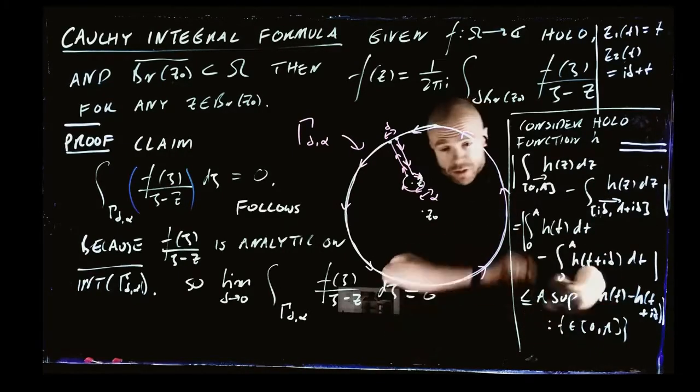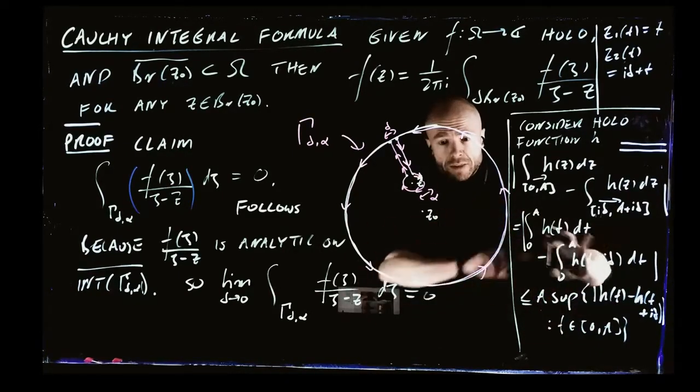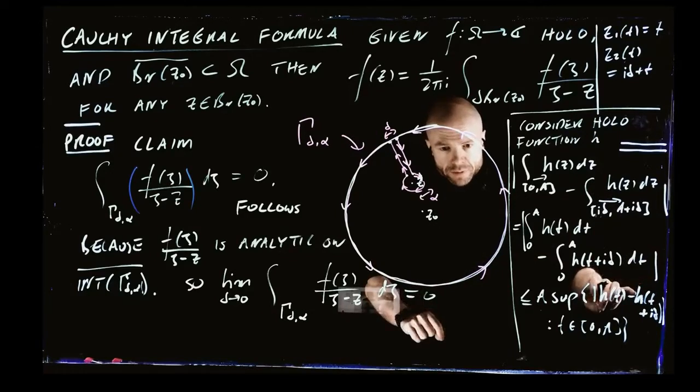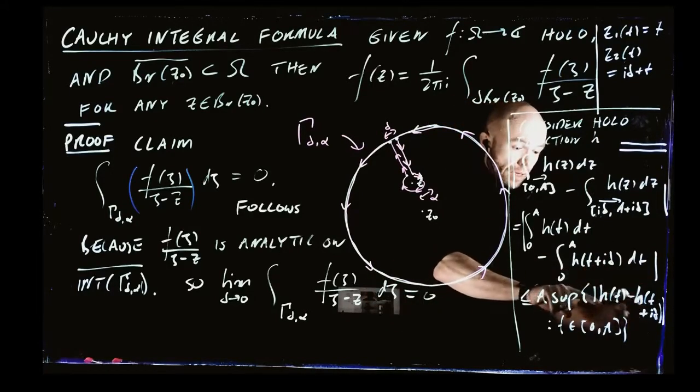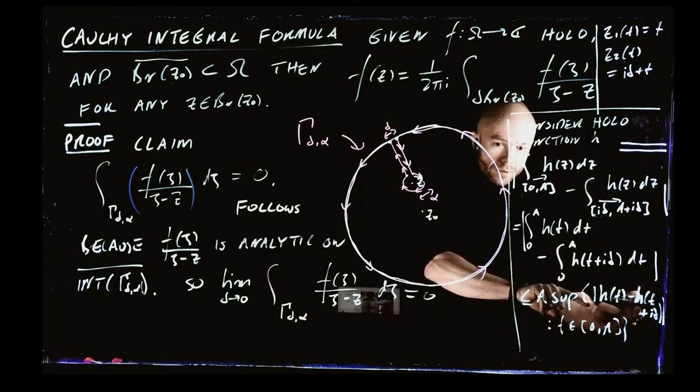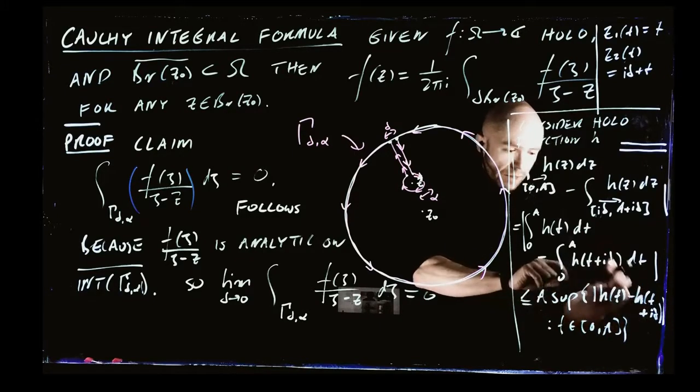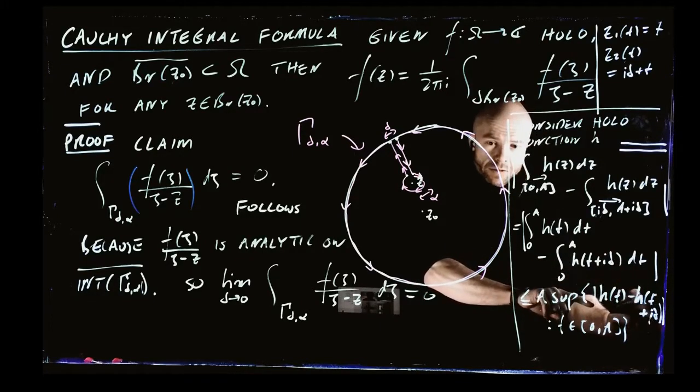And everything is continuous inside an open set that contains both of these intervals. So we just let delta go down to 0, and then this quantity has to go down to 0.